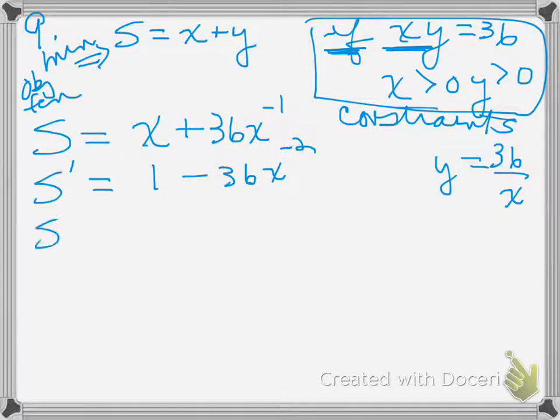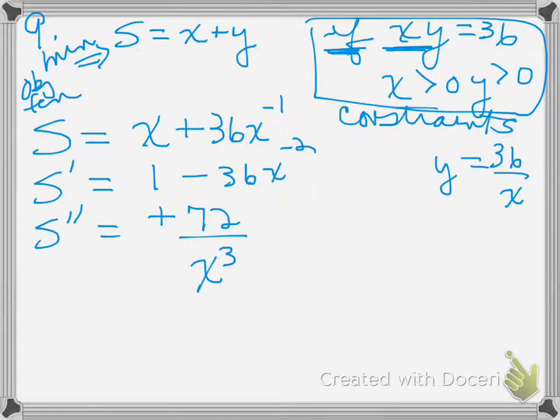Let's take our second derivative, s double prime equals positive 72 x to the negative 3. Okay, so what do I know? Well, x to the negative 3 is better off written as x to the third with that in the denominator. So let's move x to the negative 3 right down to this denominator.